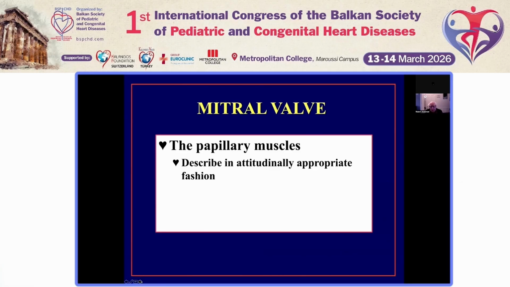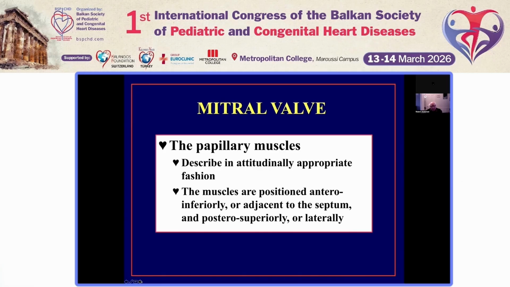Now, how should we describe the papillary muscles? I'm sure many of you still consider these to be anterior and posterior, but this is not the case. Nowadays, we need to describe the components in attitudinal fashion. And so the muscles, in fact, are positioned antero-inferiorly and supero-laterally.